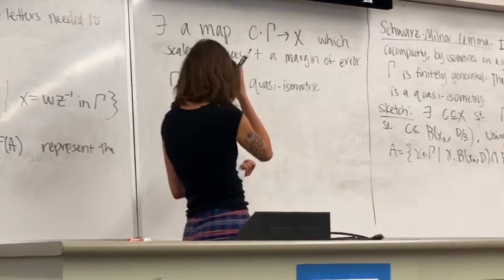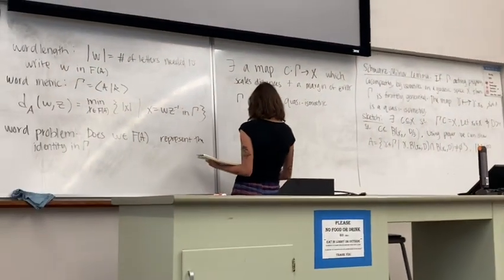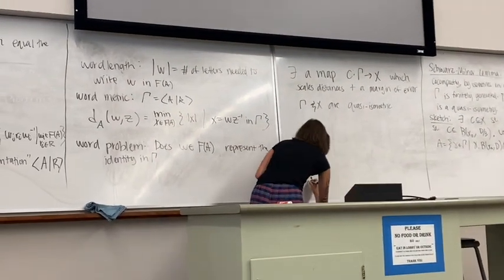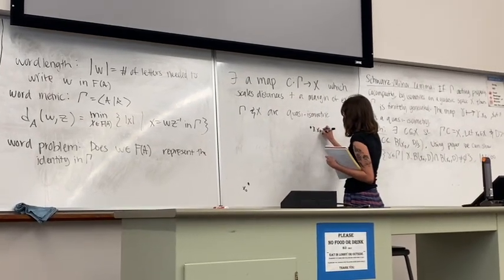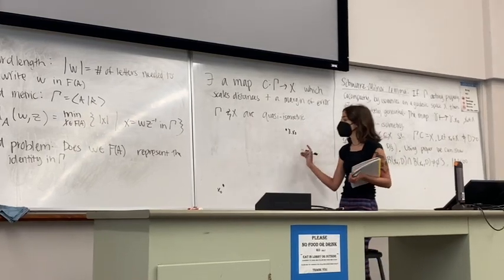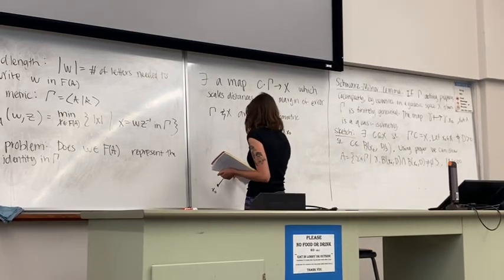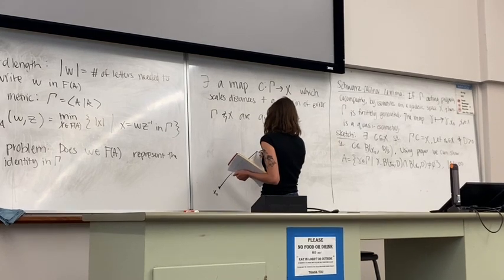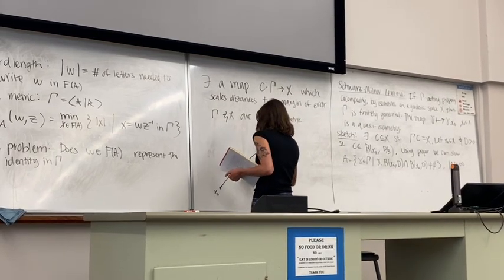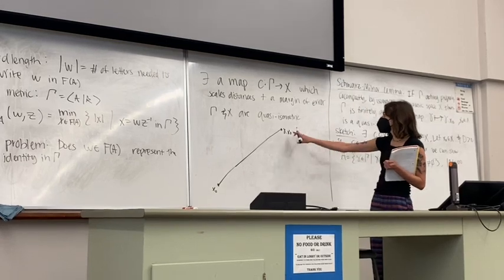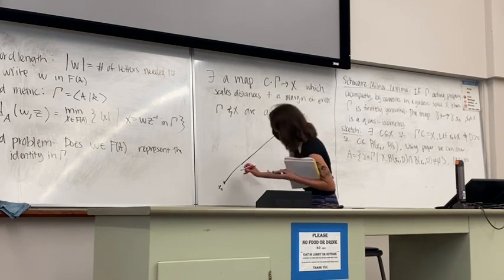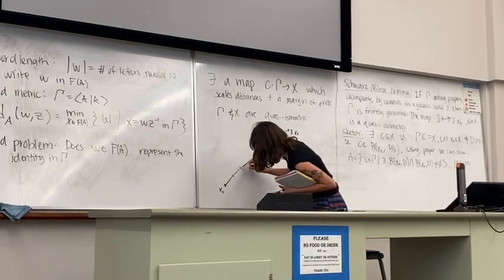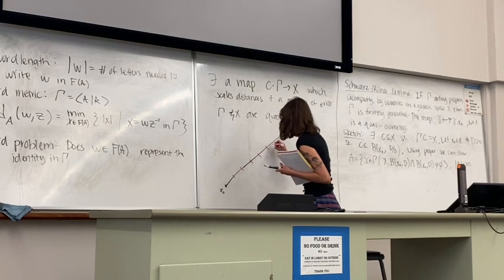To show that this set generates, we take the point x naught, and then we take the point gamma dot x naught for just some general gamma in Gamma, and then we draw the geodesic which connects the two. Okay, so we've got a geodesic from x naught to gamma dot x naught, and we're going to break up this geodesic into d over 3 sections.